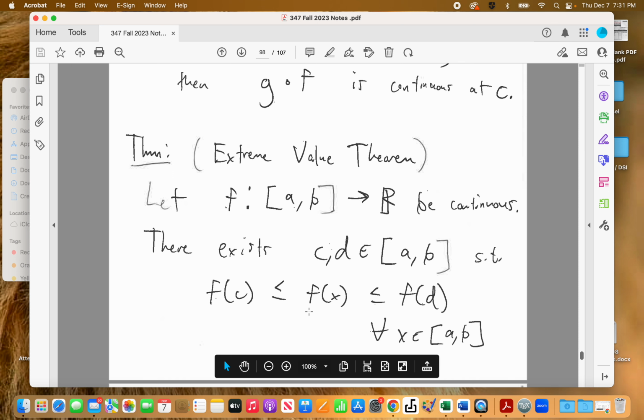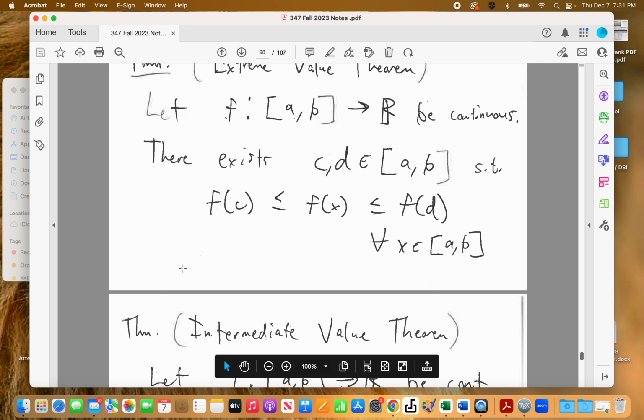There exist points f of c and f of d that serve as upper bound and lower bound for the entire function. Could you figure out what that means?